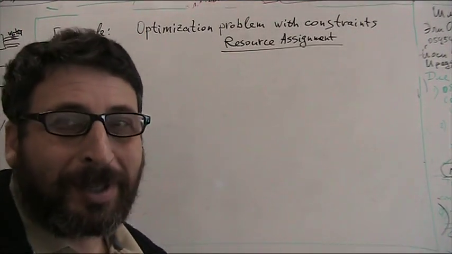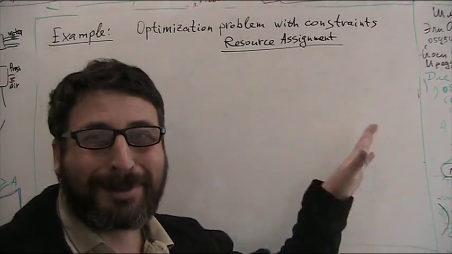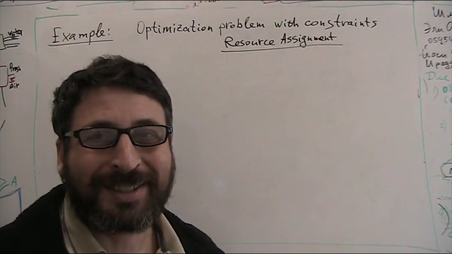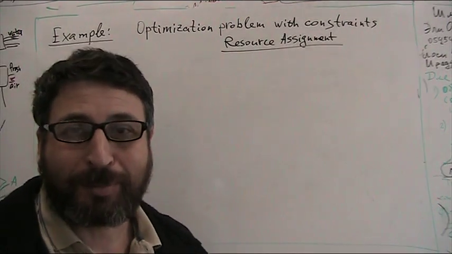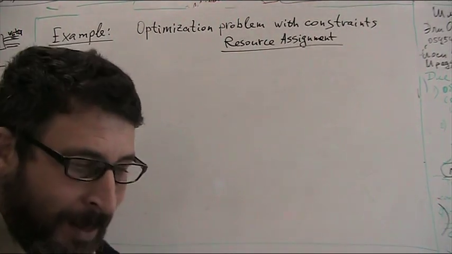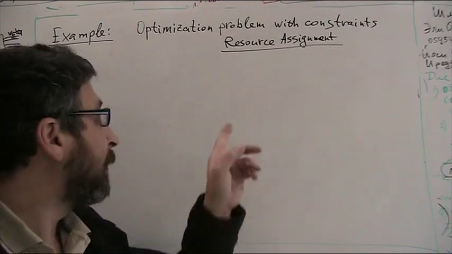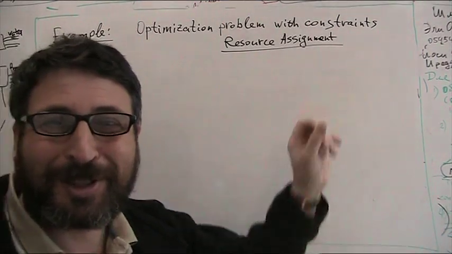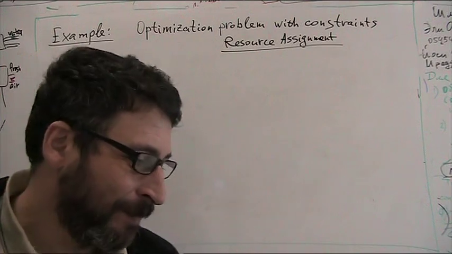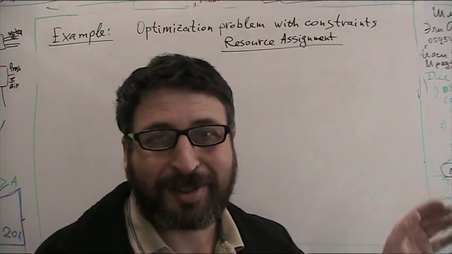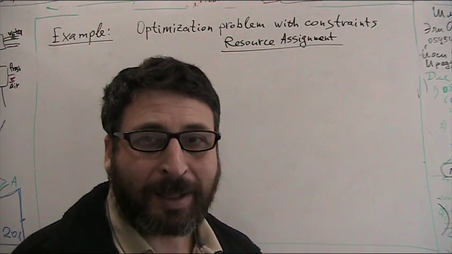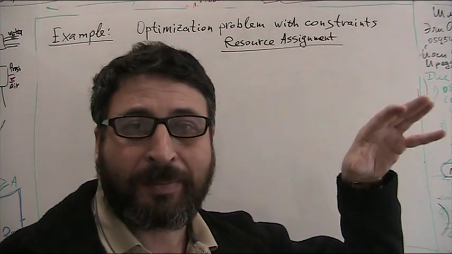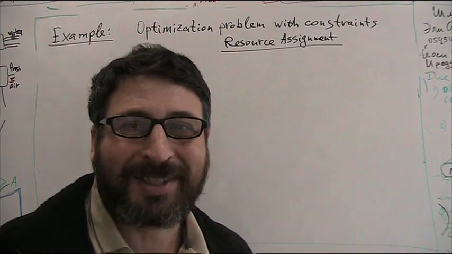Our next example will come from a completely different area, economics, and this will be an example of an optimization problem with constraints. The problem is called resource assignment, and we will consider a concrete example. We have a number of power stations and a number of customers.